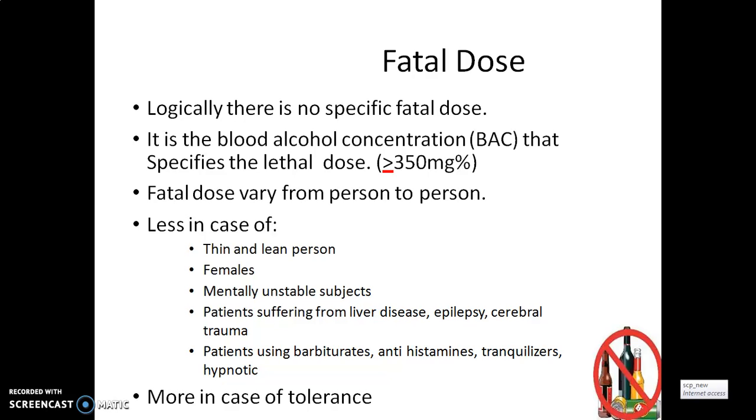It is observed to be less in thin and lean persons, females, mentally unstable subjects, patients suffering from liver disease, epilepsy, cerebral trauma, and patients using barbiturates, antihistamines, tranquilizers and hypnotics, where it may be less than 350 milligram percentage. It may be more in people with tolerance.